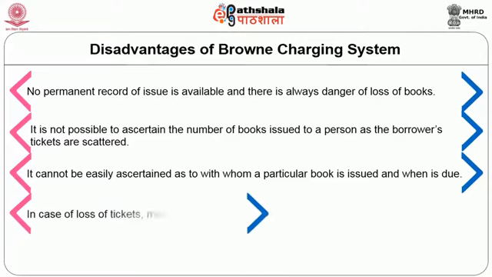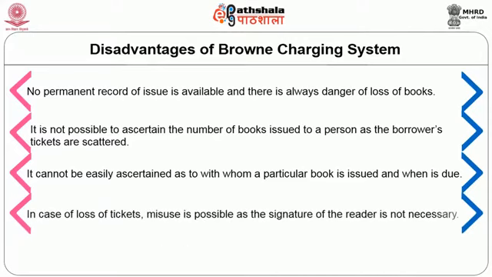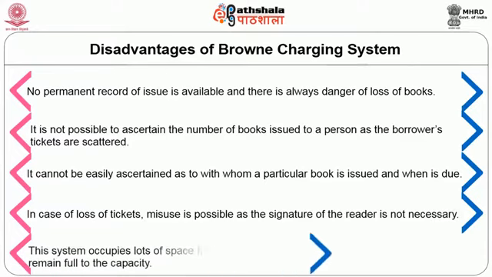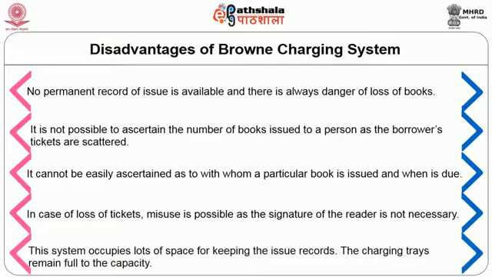In case of loss of a ticket, misuse is possible as the signature of the reader is not necessary. This system occupies lots of space for keeping the issue records. The charging trays remain full to capacity. However, despite these limitations, this system is very popular because of its simplicity in procedure.